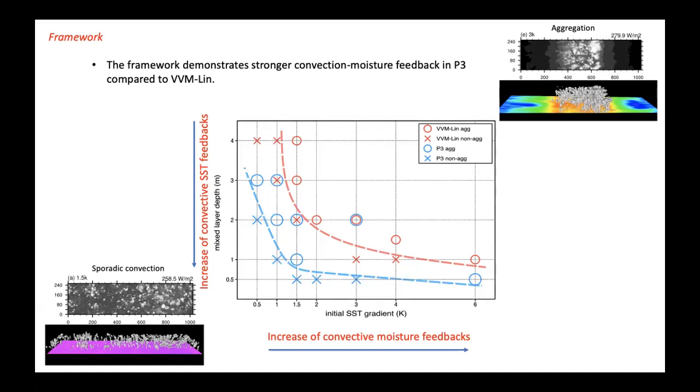The framework highlights the importance of using the competing effect of physical processes to evaluate the different behavior of convection aggregation in the model. In this study, we further want to understand what happened in the P3 microphysics that can lead to the strong convection moisture feedback.